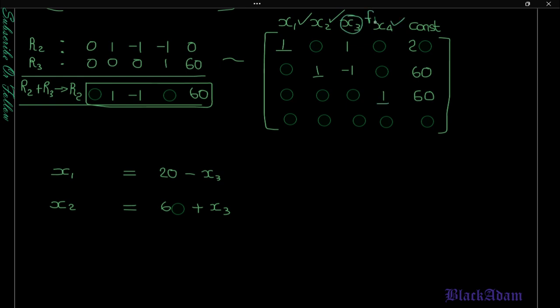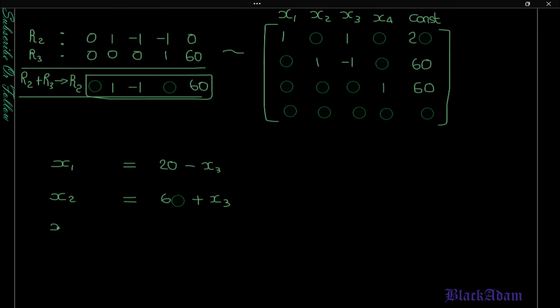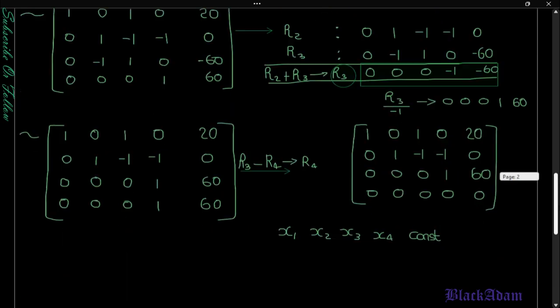So we don't have x3 leading, so x3 is a free variable, which means x3 is free there, and then x4 is going to be 60. Okay, so free, we can put any value that we want.